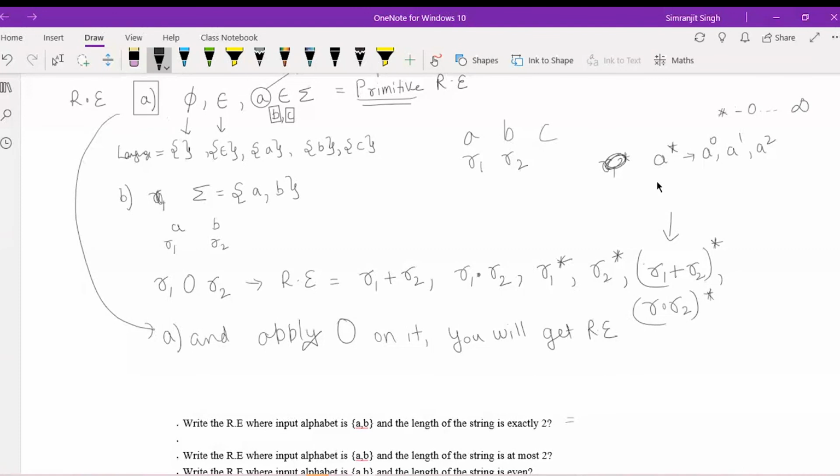Okay, so if I write a plus, it means that the value of a should not be 0, it can be 1, 2, 3, 4 up to anything. So 0 is excluded in this plus here. This is just a variant of Kleene closure. It can be written like this: a followed by a star. So this a plus signifies that one a is a requirement. After that, any number of a's can come.